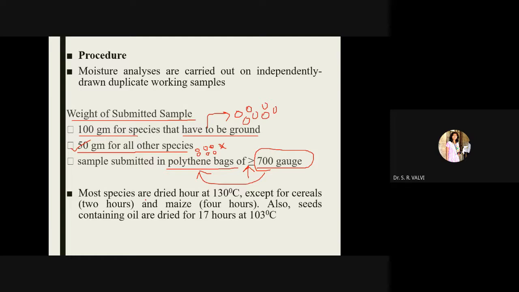Most of the species are dried for hours at 130 degrees centigrade, except cereals, which are dried for 2 hours. Maize, as its seeds are bigger in size, is dried for 4 hours. And the seed containing oil is dried for 17 hours at 103 degrees centigrade. So likewise you have to dry the seeds.